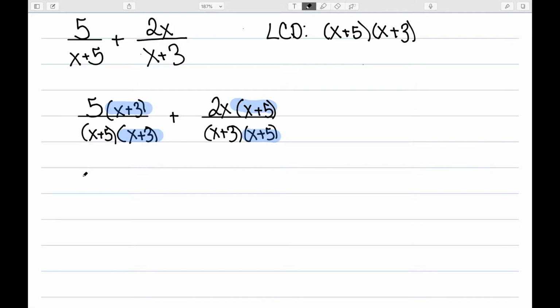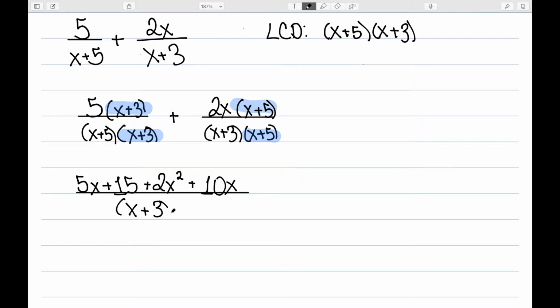Multiplying out that numerator, 5x plus 15 for the first fraction. And then I can just add the numerators. This is what my rule said now that the denominators are the same. 2x times x is 2x squared, and 2x times 5 is 10x. All over x plus 3, x plus 5.